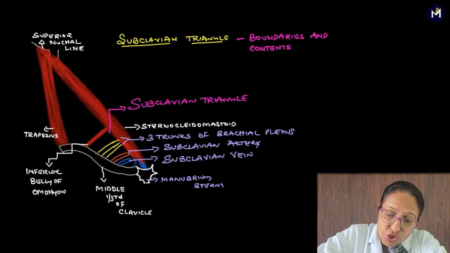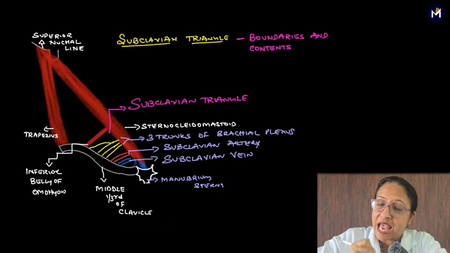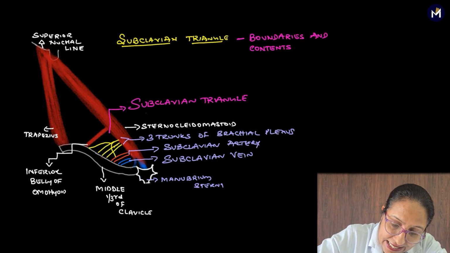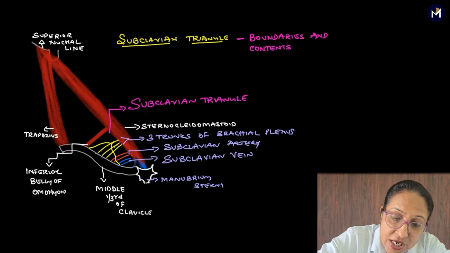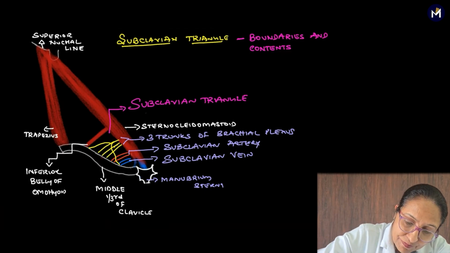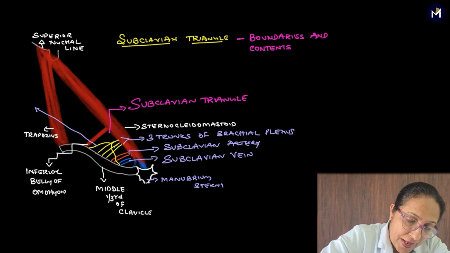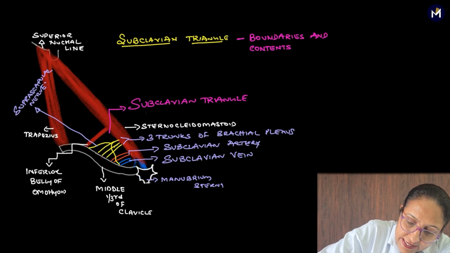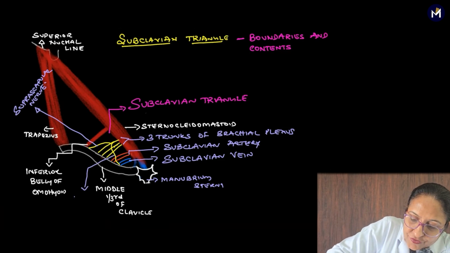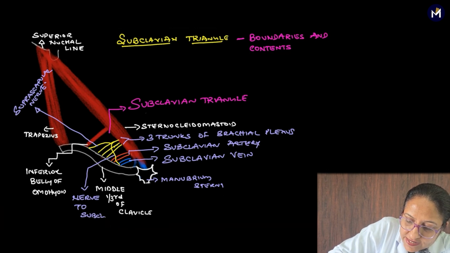Now, how to remember the next content? When you draw the three trunks of brachial plexus, immediately try and recollect what the branches from the upper trunk of brachial plexus are. The first is the suprascapular nerve and the second is the nerve to subclavius. So the other two contents are this suprascapular nerve and this nerve, the nerve to subclavius.